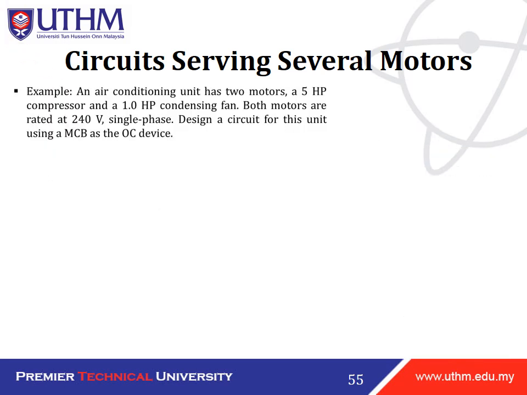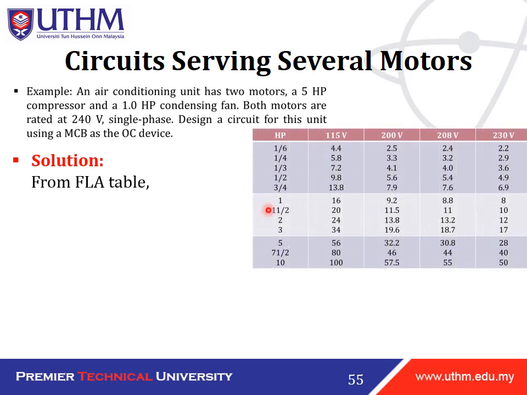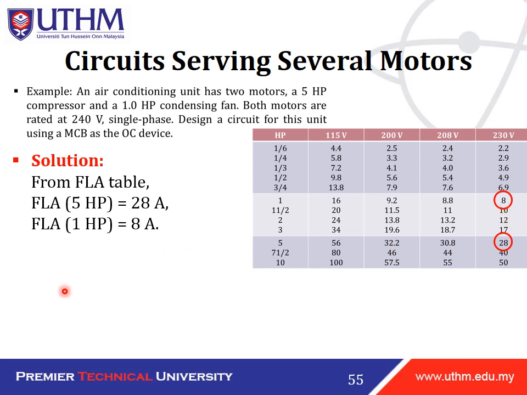From the FLA table, we need to find the FLA for 5 horsepower and also 1 horsepower. The FLA for 5 horsepower is 28, and for 1 horsepower it is 8 amp.